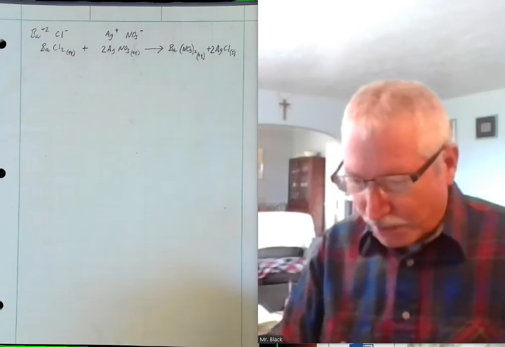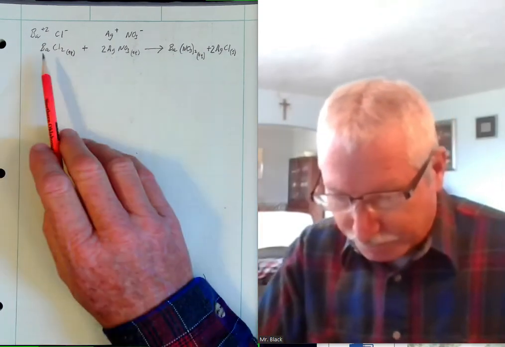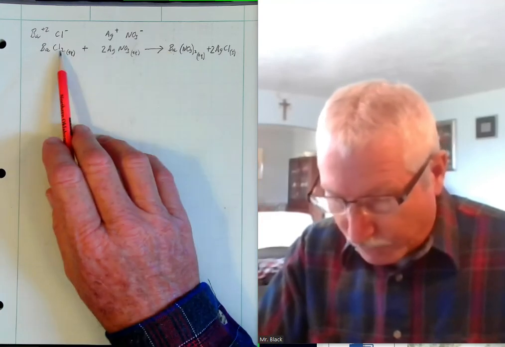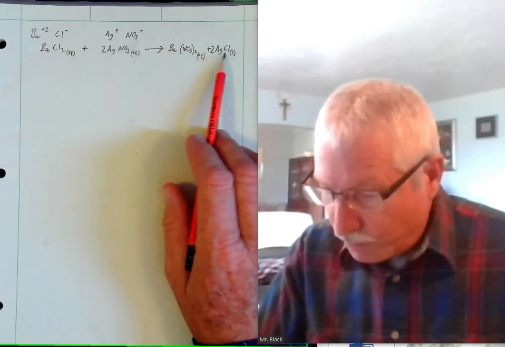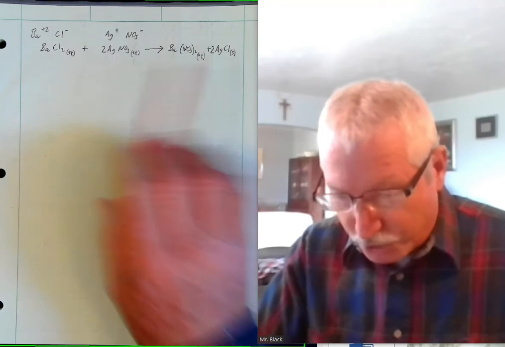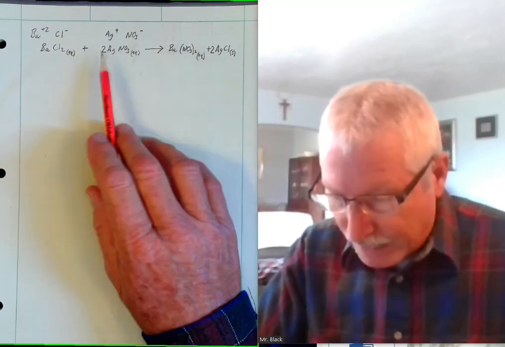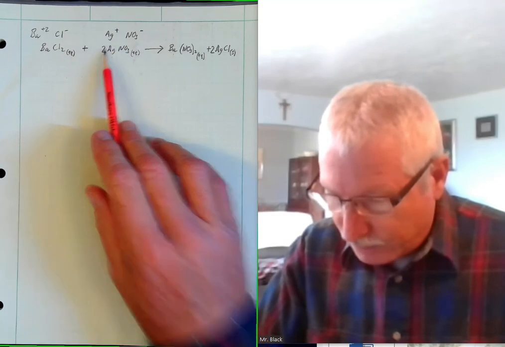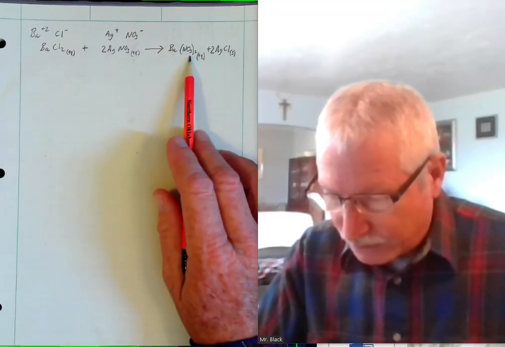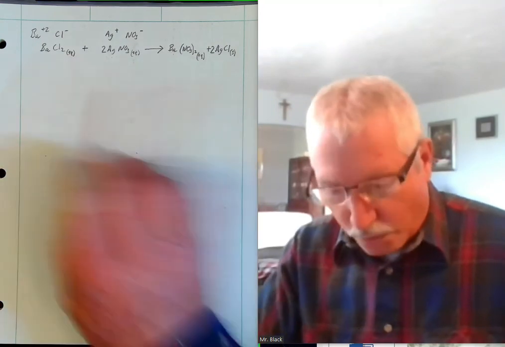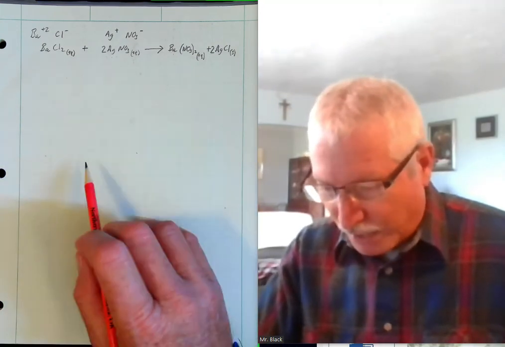So just to be clear, let's double check everything again. Barium, barium. Two chlorines, two chlorines. Two silver, and finally two nitrates and two nitrates. So now we have a balanced chemical reaction for barium chloride and silver nitrate.